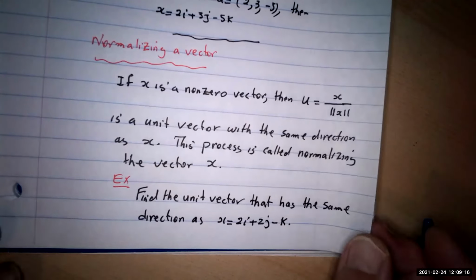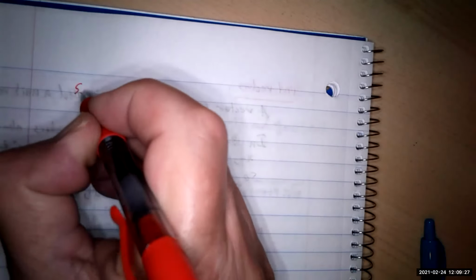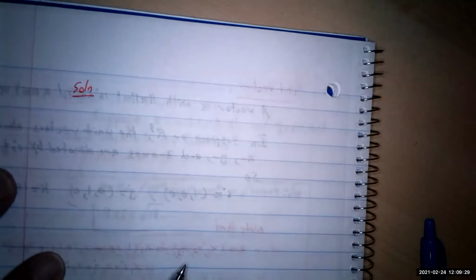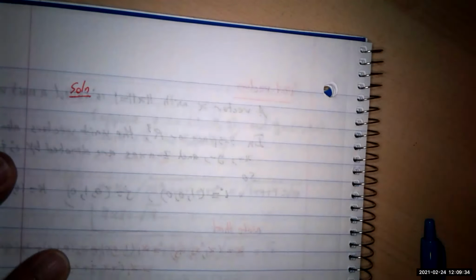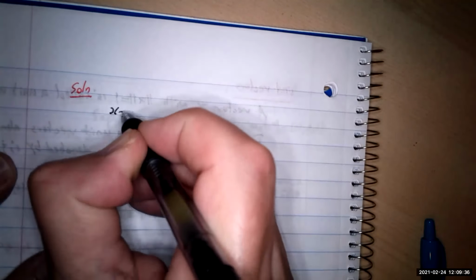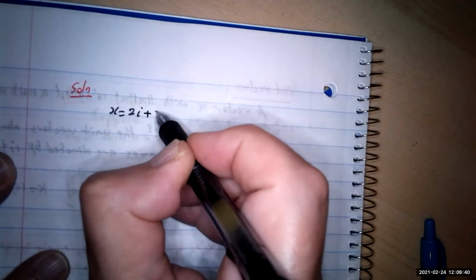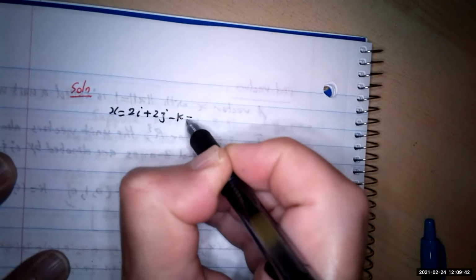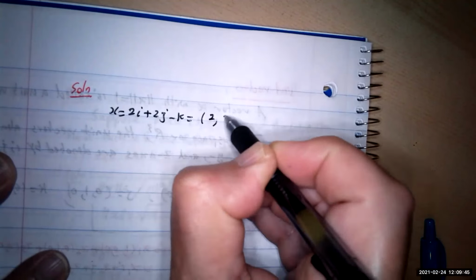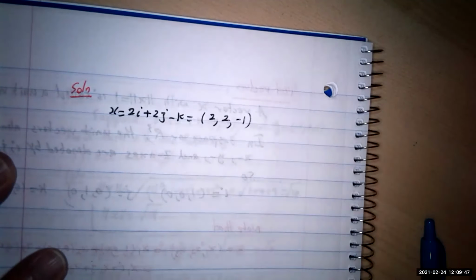Okay, so the norm, this is the vector. So that is going to be the solution. The solution is your vector, okay, just repeat it here so I have it. So x is 2i plus 2j minus k. So it's the same as 2, 2, and negative 1.